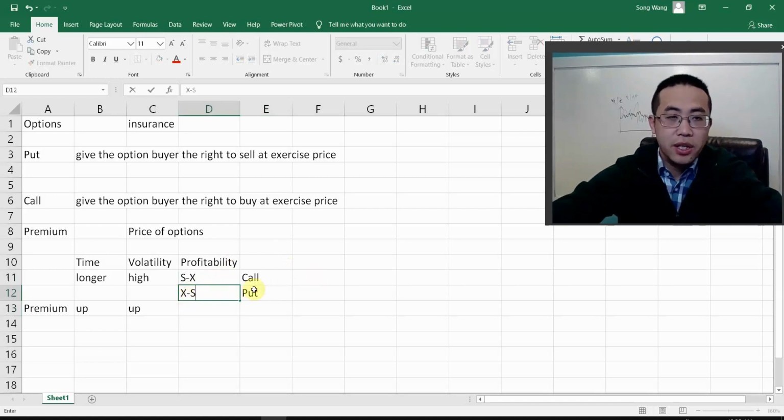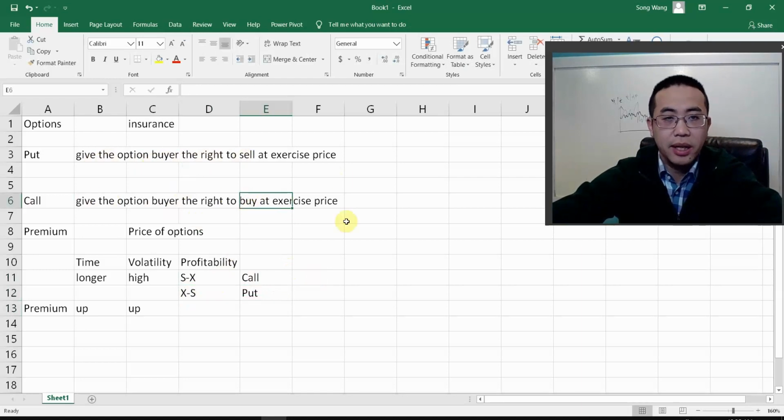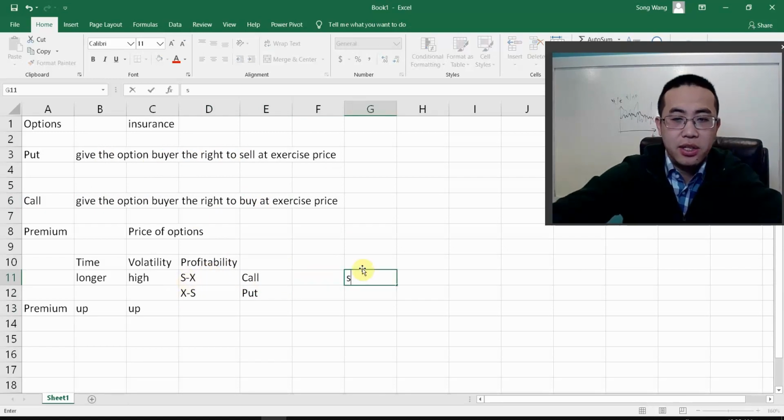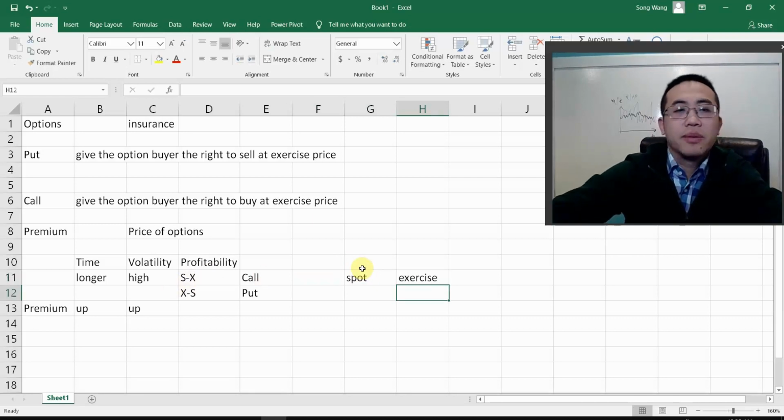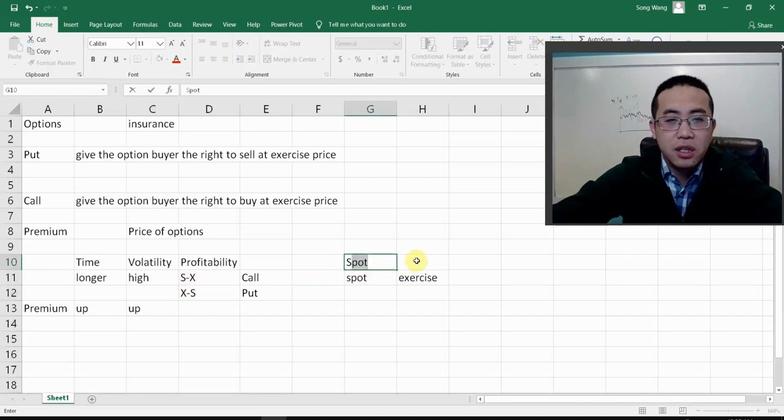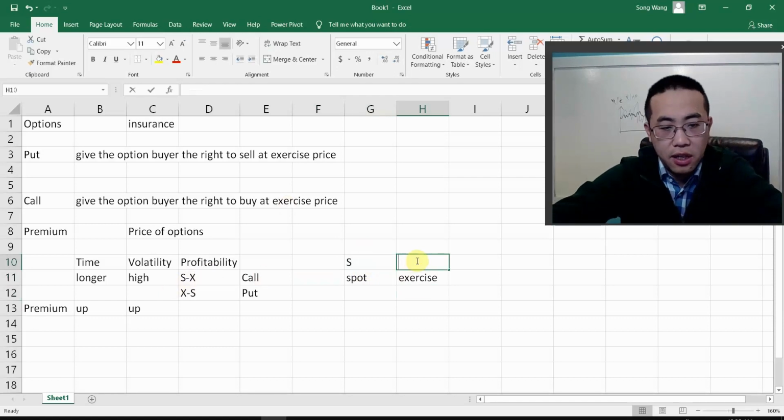So what you see here is the call option gives the option buyer the right to buy. And if you buy, then you will pay the strike price, which is denoted by X. If you sell, you're going to sell at the current prevailing spot rate, which is S. You see, S is for spot, X is for exercise. Just a side note there. And this is S, and this is X.